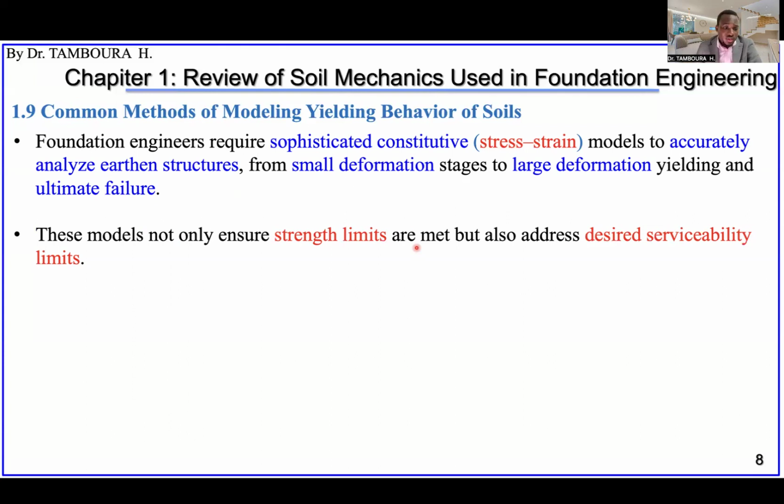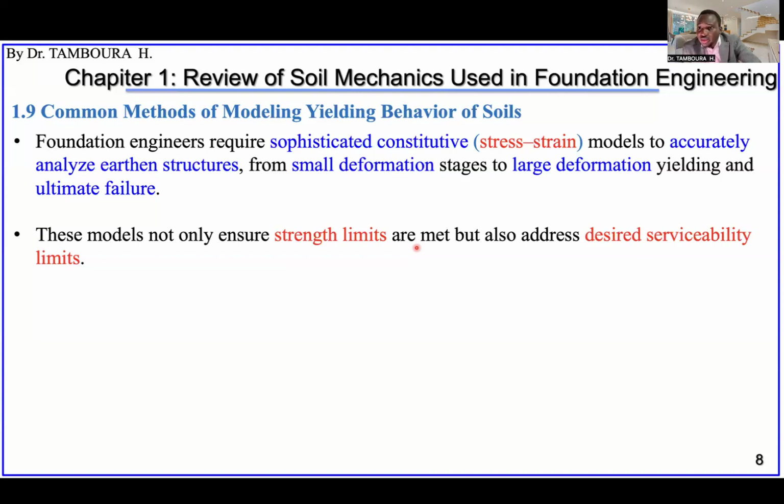For example, in a foundation project you may have a limit of 10% of the pile diameter, or 10% of the foundation, as the limit of the settlement, as the requirement of the serviceability limit.